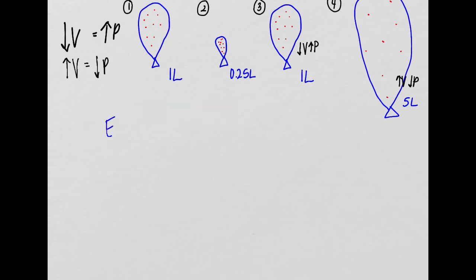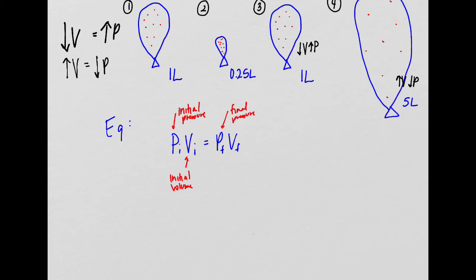The equation is P initial V initial equals P final V final. Okay, so this means that the initial pressure times the initial volume, we're going to do some practice problems, is equal to the final pressure times the final volume.